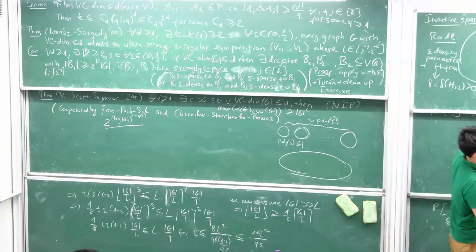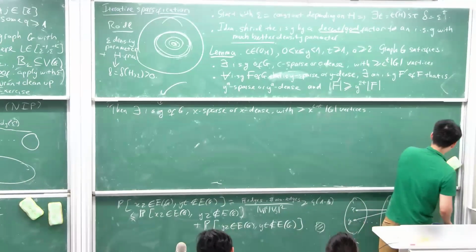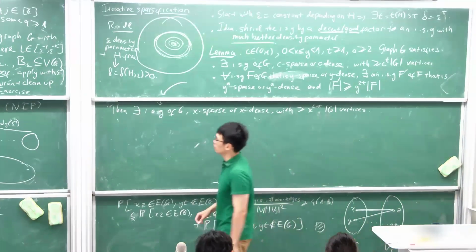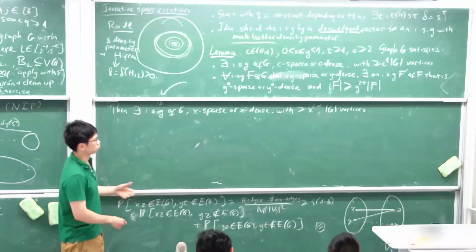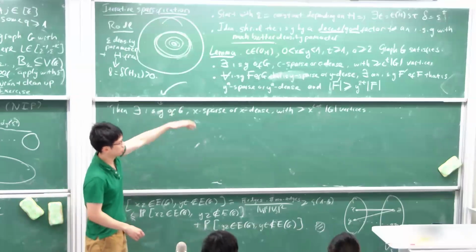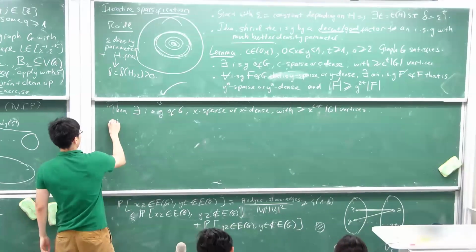So the proof of this is not too hard. In fact, you can do it in two ways. For example, you can keep getting induced subgraphs like in this picture, or you can do it this way. So this is the proof.